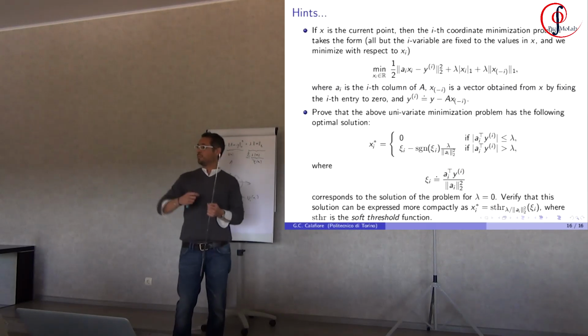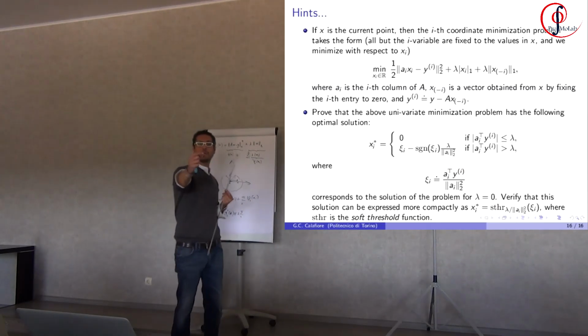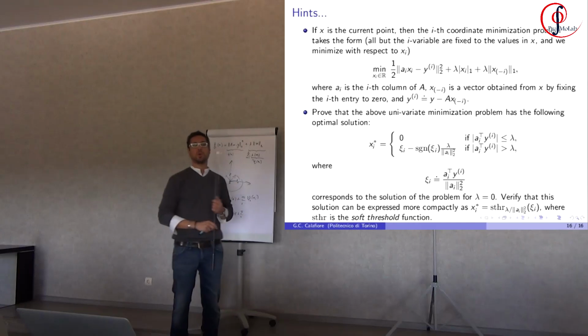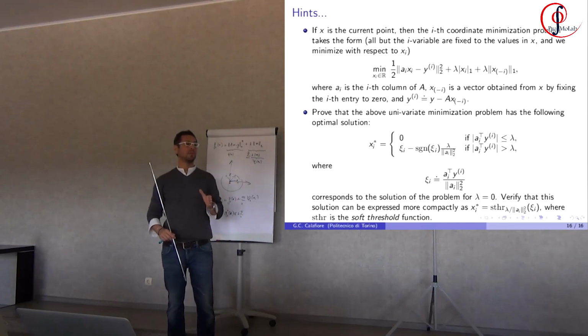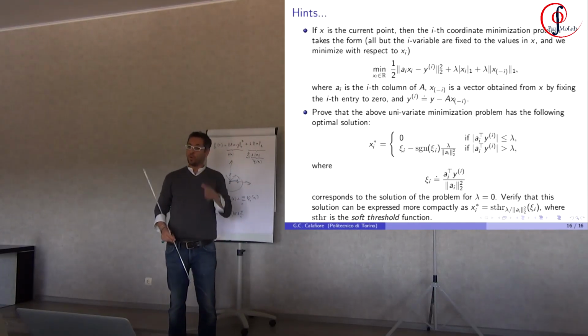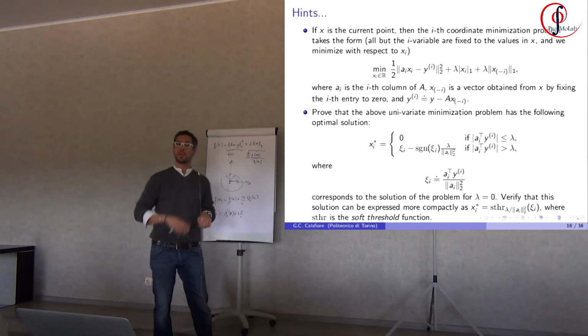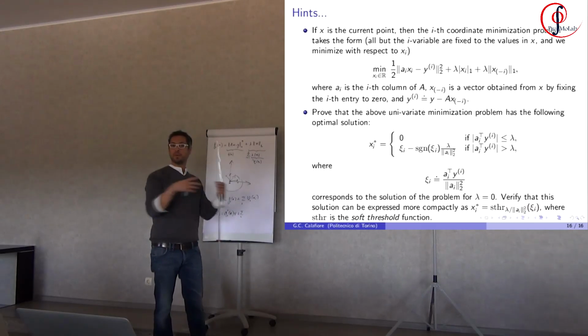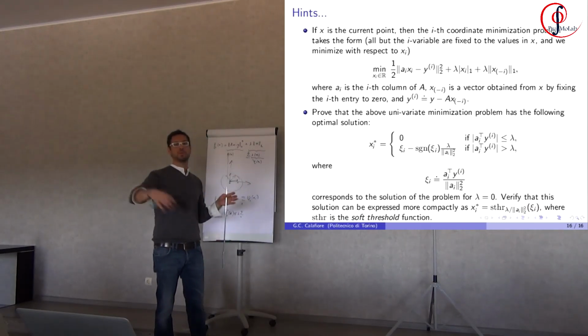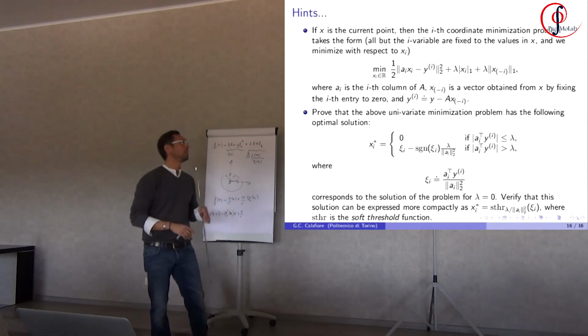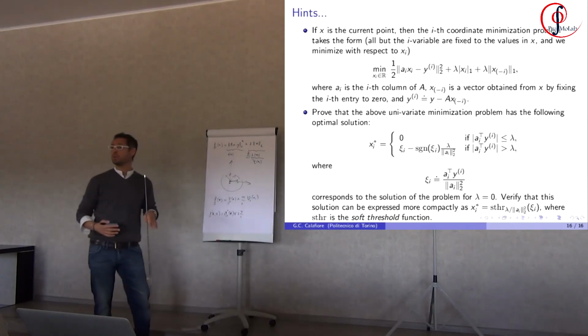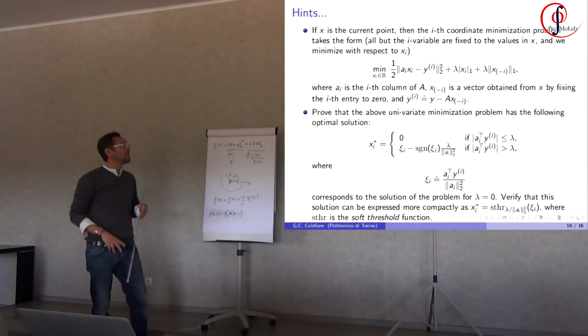If the single variable or single block minimization problem is easy to solve, or we even have a closed form solution for it, then it may become interesting to use the coordinate minimization scheme, because we are unpacking the problem into a sequence of sub-problems over the coordinates. And if each sub-problem over a coordinate is very, very simple, then it can be effective.